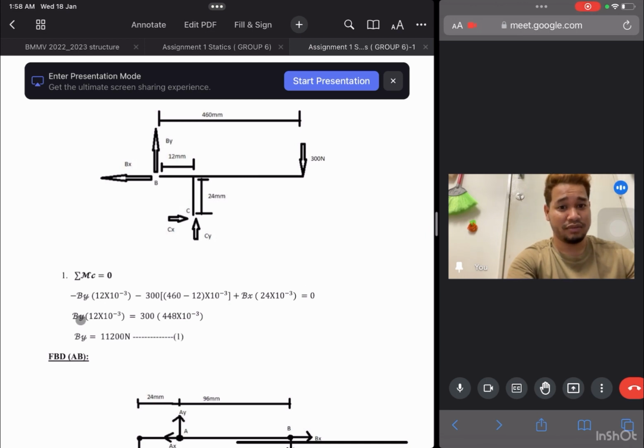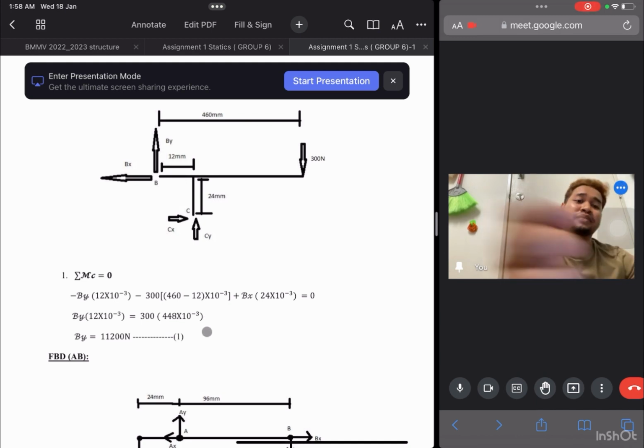So we got By equal to 300 times 48 times 10 power negative 3.